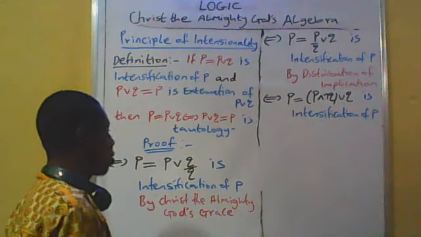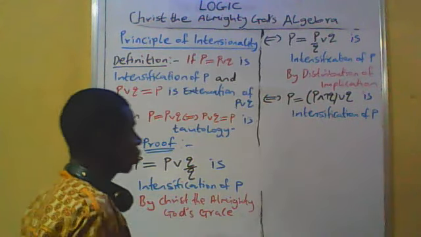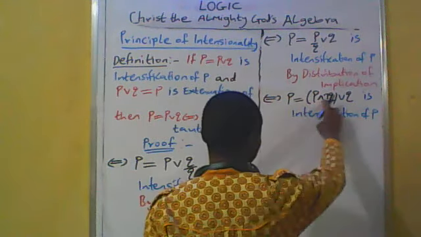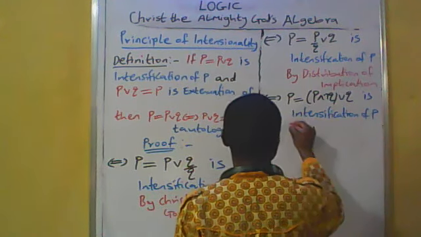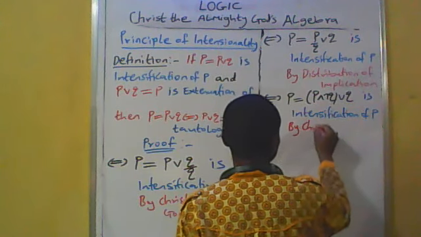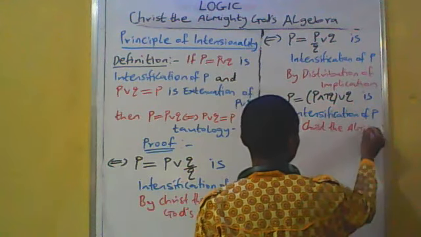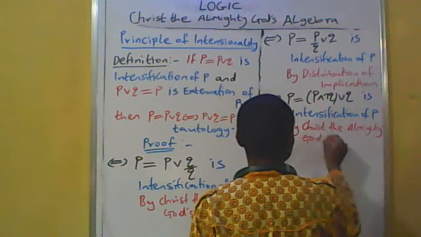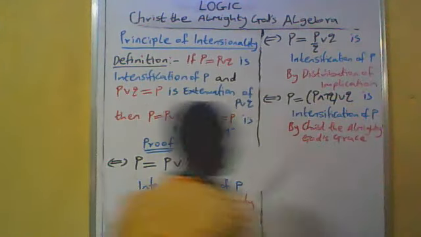You see, the second Almighty by Christ Almighty God's grace that we used to revise it to this conjunctive statement. So being justified by Christ the Almighty God's grace.